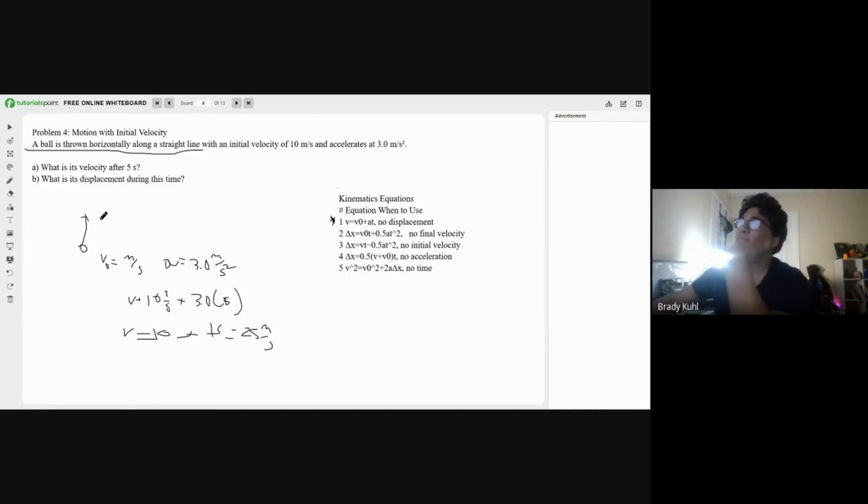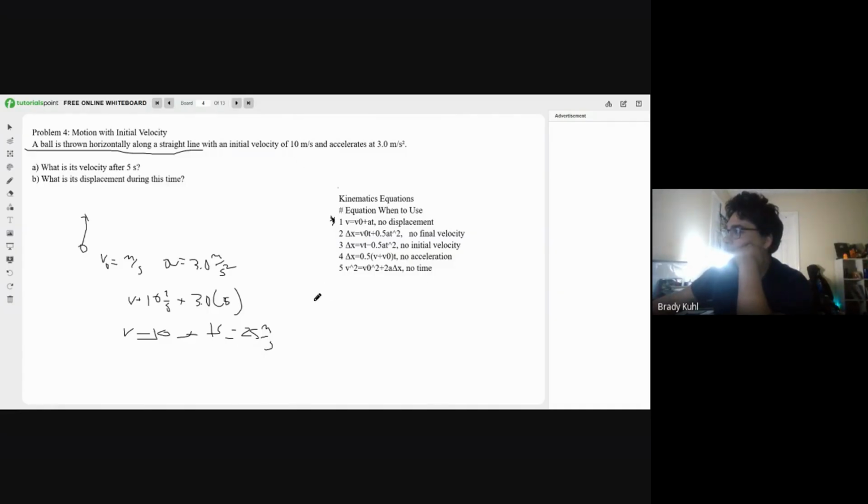And for B, what is the displacement? Which tools are we using? If you choose any of those, you are correct. But I'm going to use an initial velocity problem since it tells you with that up there.